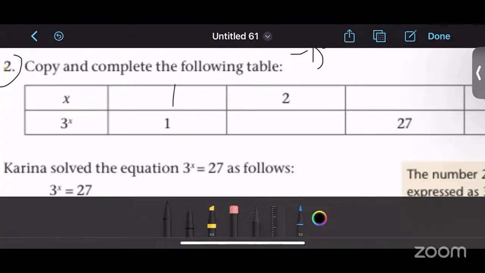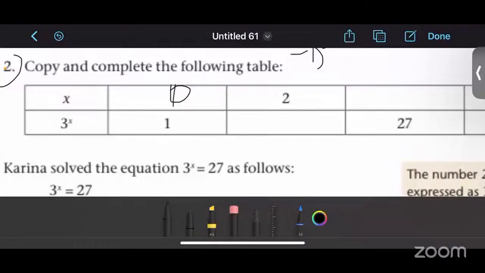Why is it 1? How did you get to 1? 3 to the... no, it's going to be 0. Why is it 0?